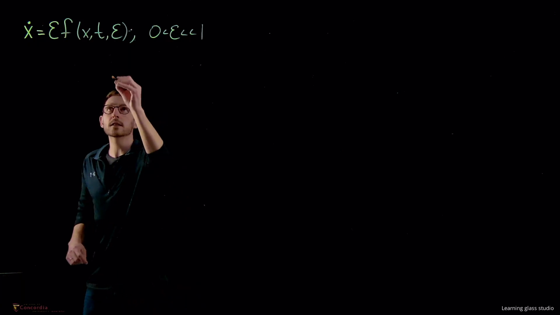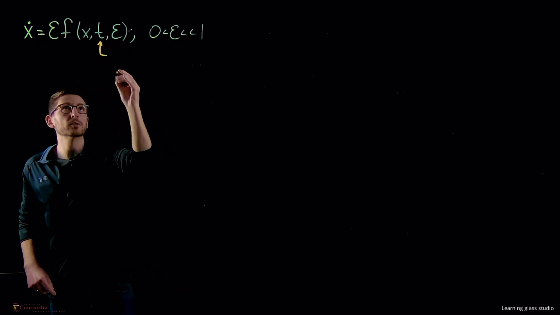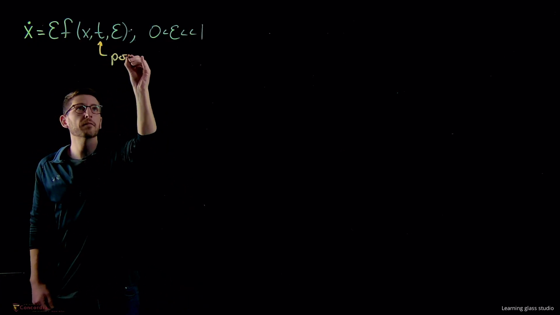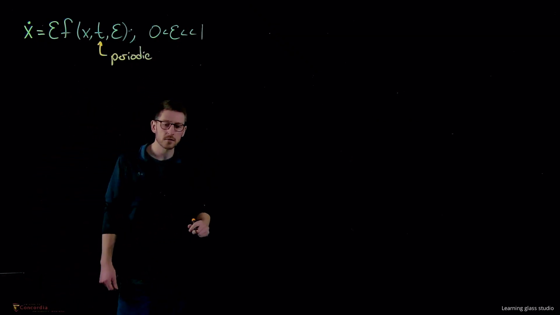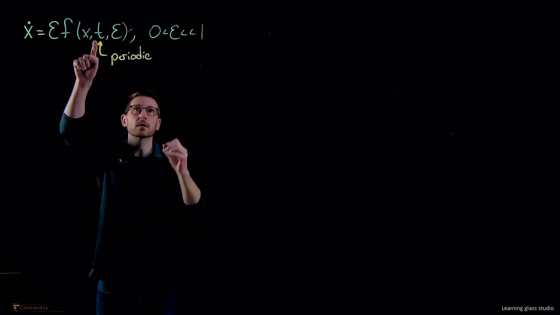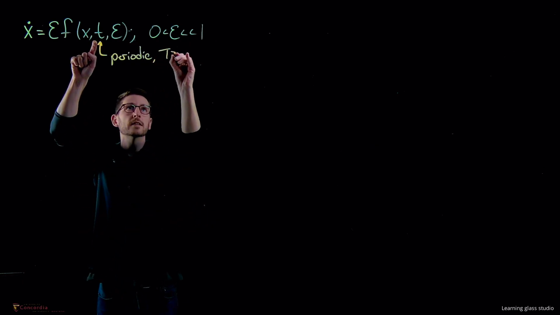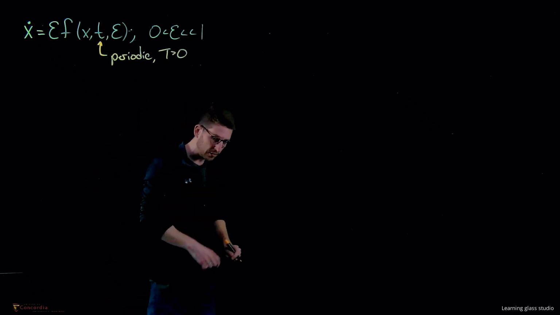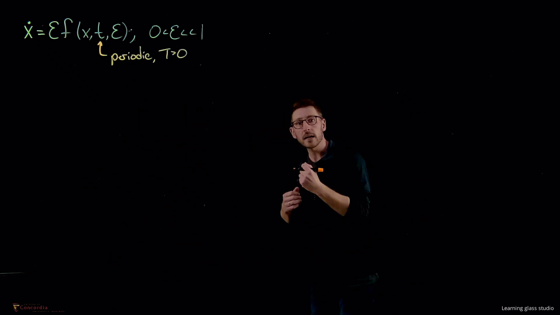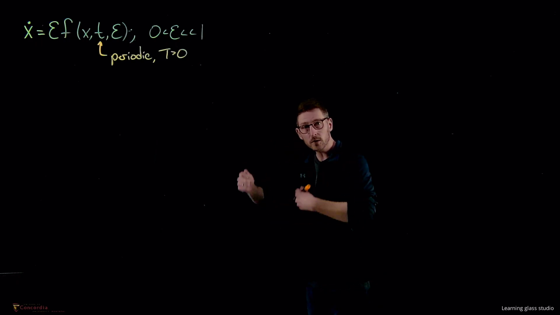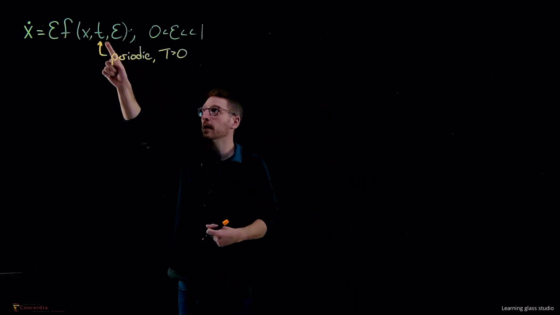Again, much like the previous video with the stroboscopic mappings, here we have periodicity in the t component, so the non-autonomous component. I'm just going to say that its period is 1, for t greater than 0. So again, this is a pumping and driving, a forcing term that's being applied to your dynamical system.